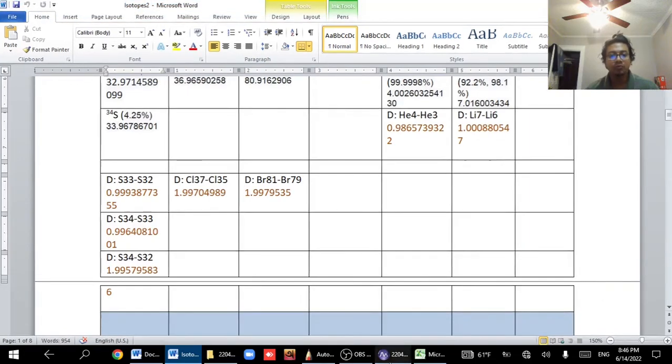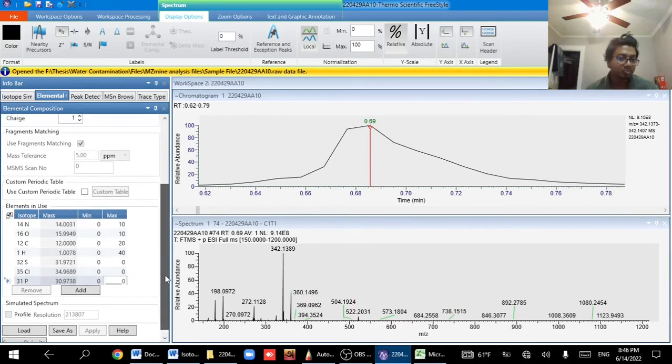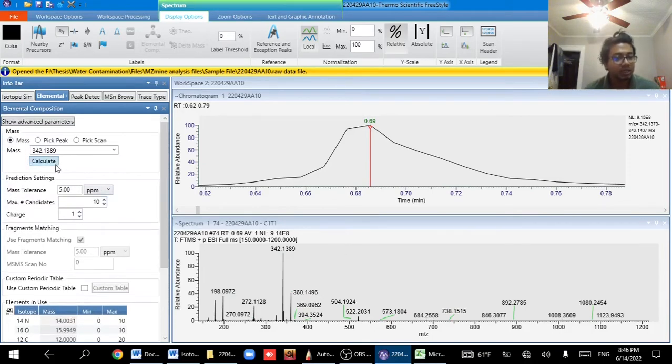If you do not find any peak of chlorine, sulfur, and phosphorus, you should not put anything here, because it will make it more complicated to find the exact chemical formula of 342.1389. So please skip those first time. And of course, if you find the isotope difference here, you must input that value. So I input those things, and let's calculate.